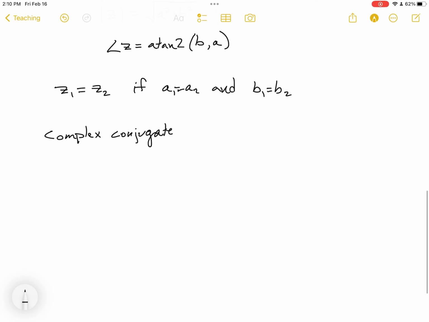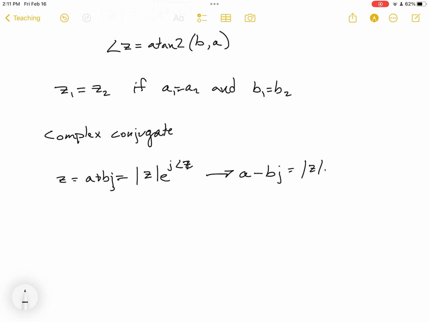The complex conjugate of z, which equals a + bj, also written as the magnitude of z times e to the j times a phase, is a - bj, which is equal to the magnitude of z times e to the minus j times a phase.